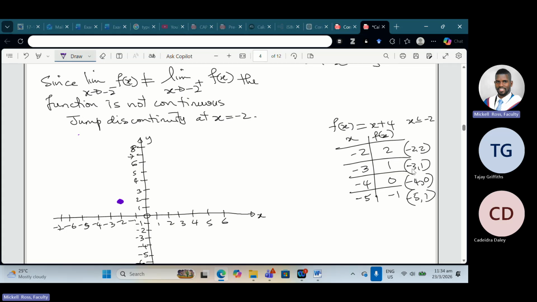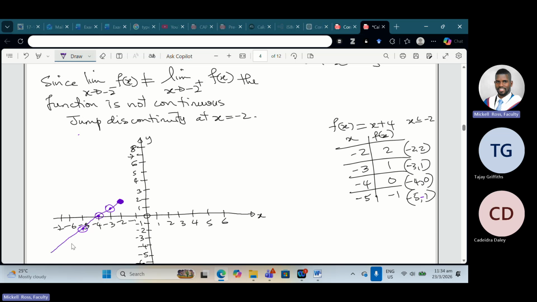Then negative 3, 1, that's a point right here. Negative 4, 0, that's a point right here. Negative 5, negative 1, that's a point right there. So you would have a straight line like that, right?